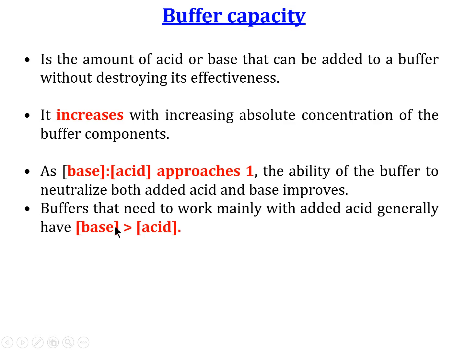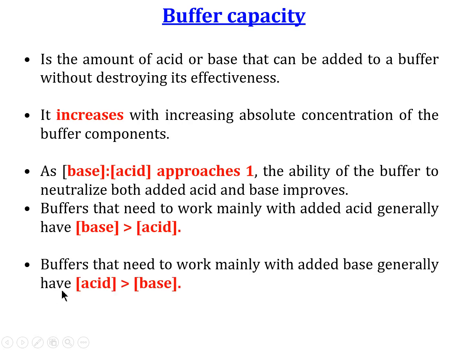So for example, if you want to consume H3O+, you take the A- concentration of the buffer greater than the concentration of HA, since A- will react with the acid added. And buffers that need to work mainly with added base should have HA greater than A-.